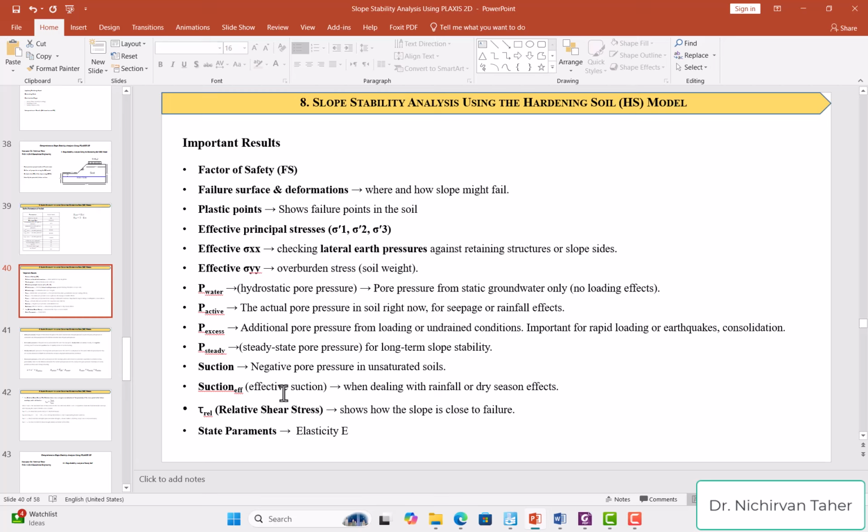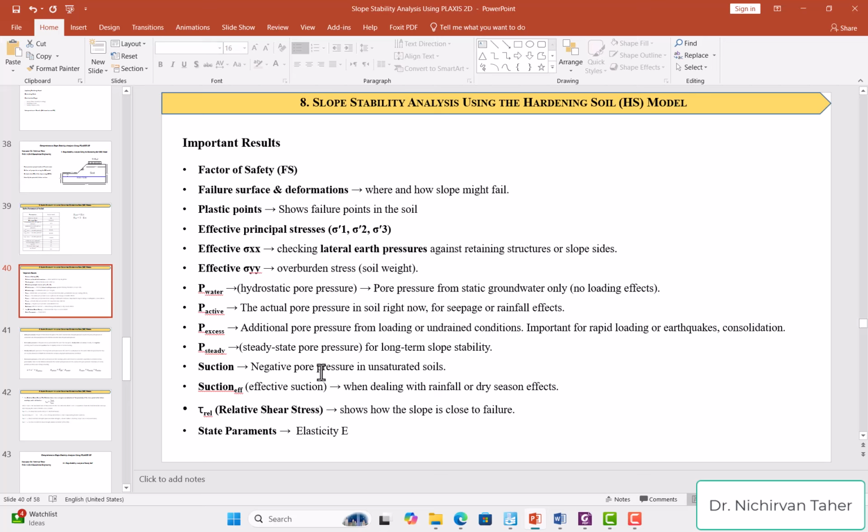Also, we will shortly talk about the suction, which is more important when dealing with the rainfall effect or a dry season effect. Also, we will have a relative shear stress. This is also a very important parameter in Plaxis 2D.